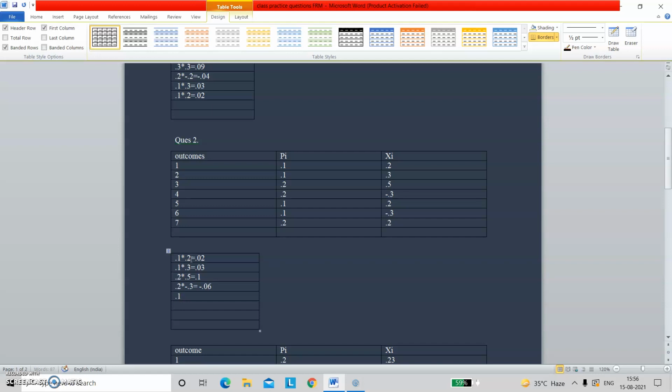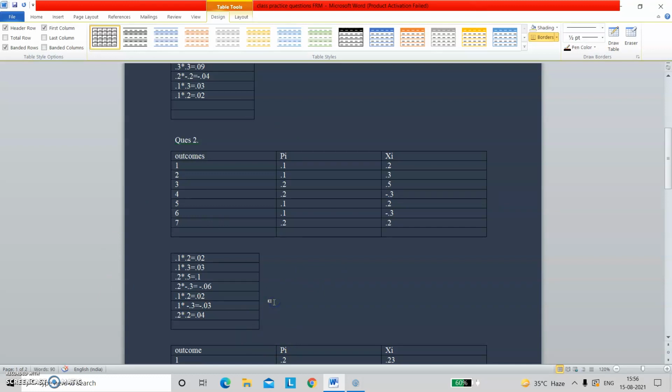Then 0.1 into 0.2, this is 0.02. The sixth is 0.1 into negative 0.3, this is going to be minus 0.03, and last is 0.2 into 0.2, this is going to be 0.04, right? We have done this, okay?